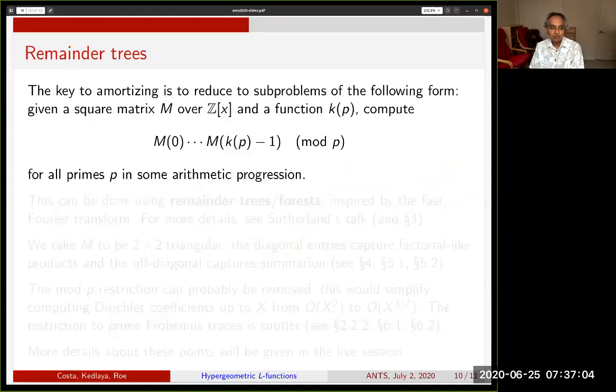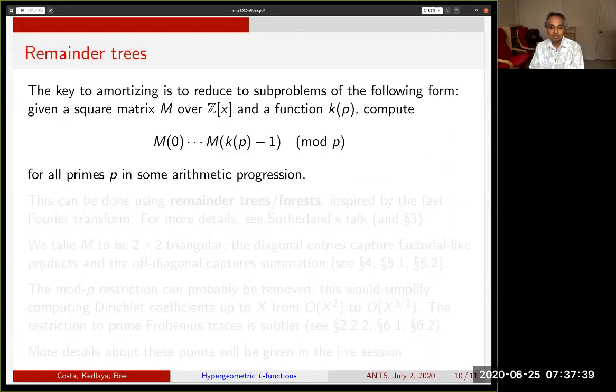The key to this amortization is to reduce the problem of computing this trace to certain subproblems of the following form. Given a square matrix M, whose coefficients are polynomials in a single variable over the integers, and some function k of p, compute products of this form: take M, evaluate it successively at 0, 1, up to k of p minus 1, take this reduction modulo p, and do this for all primes p in some range.